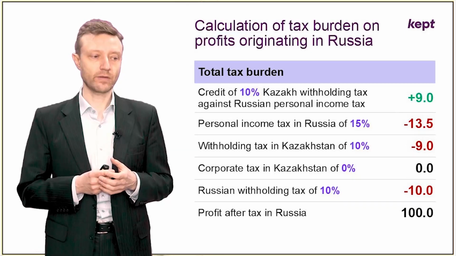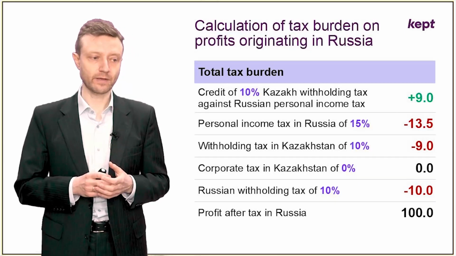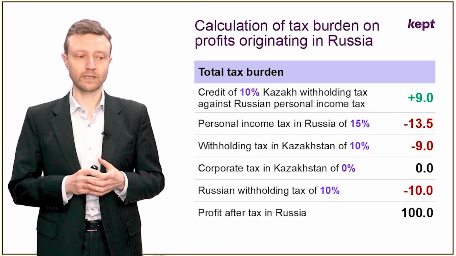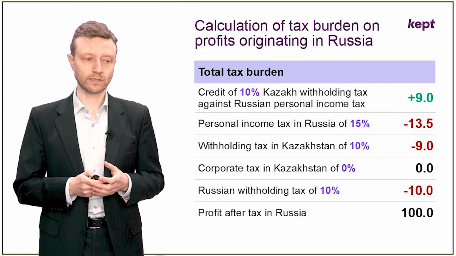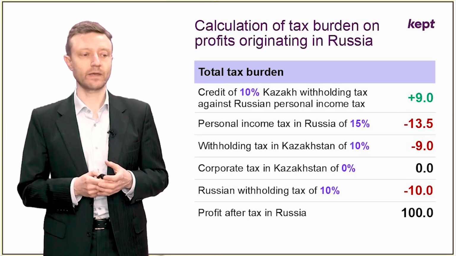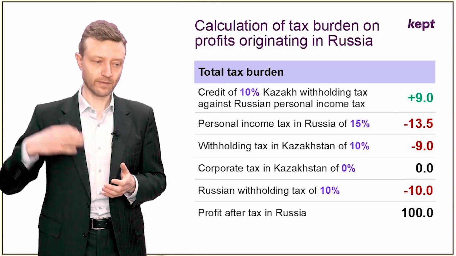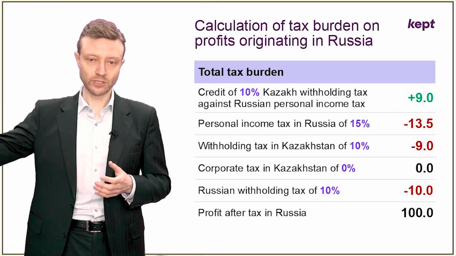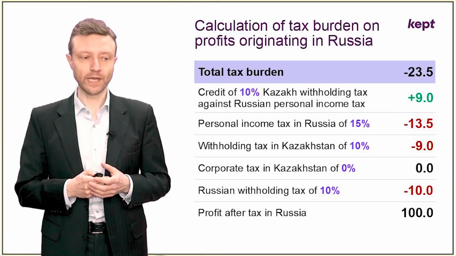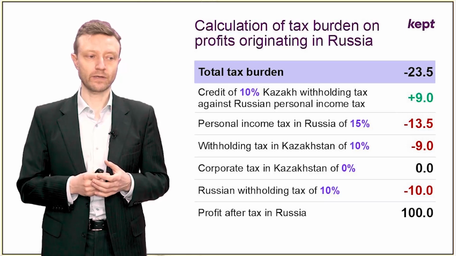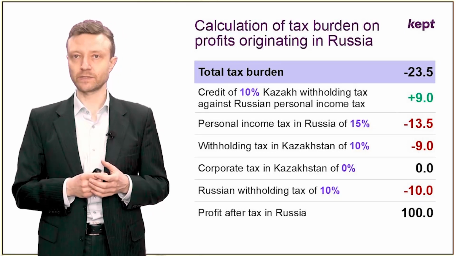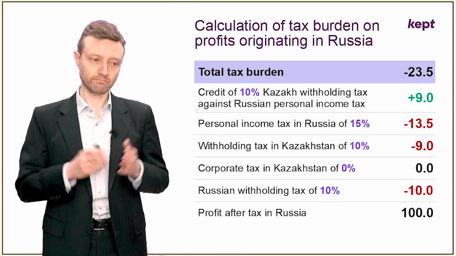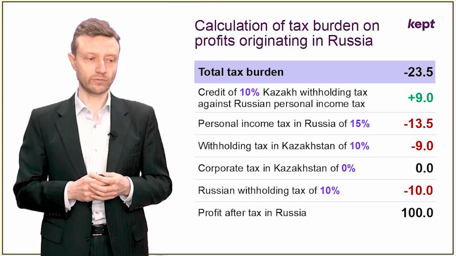And there is a possibility to credit the withholding tax paid in Kazakhstan of 9 against the Russian tax liability. So if we sum up the taxes paid at each level of this dividend distribution chain, we will end up with a total tax burden of 23.5 units.